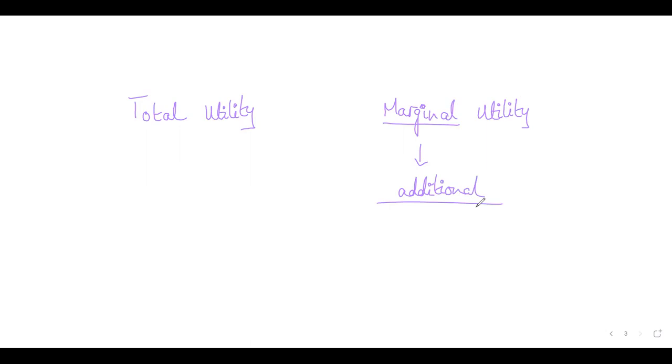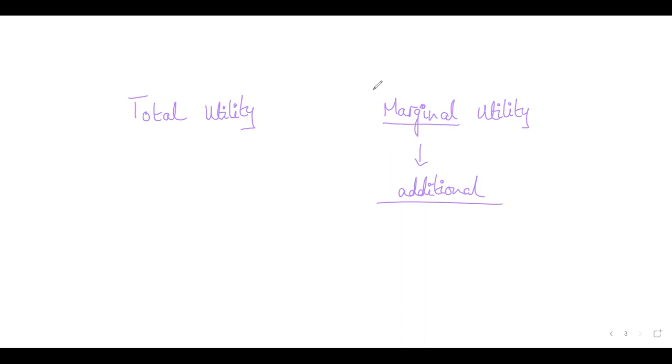Now, have a look at this. The first slice gives you the most pleasure. Do you agree with me? The first slice of pizza, when you're really hungry, will give you the most satisfaction. It's not that you will not eat the second one. You'll also eat the second one because that's also giving you some satisfaction, but not as much as the first one. That's all I'm saying, right? Are you getting it?